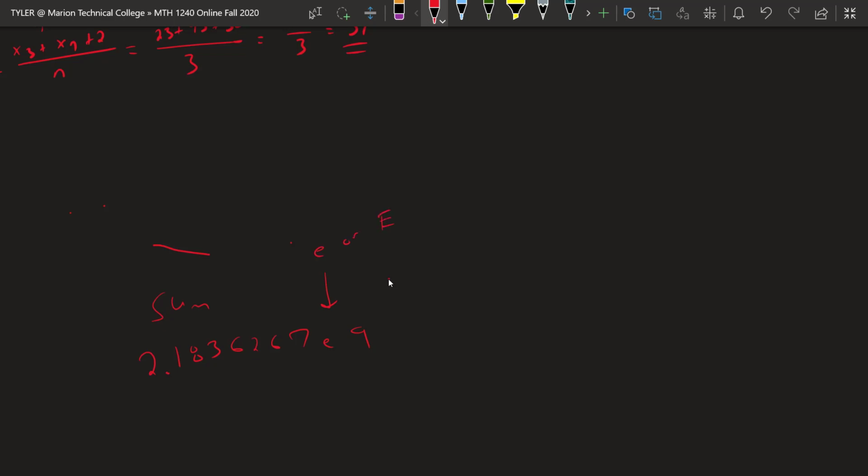But that E value is essentially times 10, and then this next number is what goes here as an exponent, right? So you can interpret that as 2.1836267 times 10 to the 9th. So that's scientific notation.